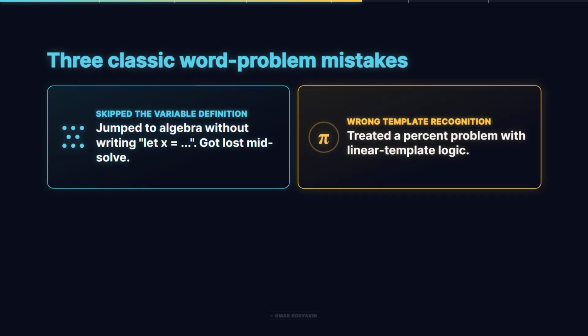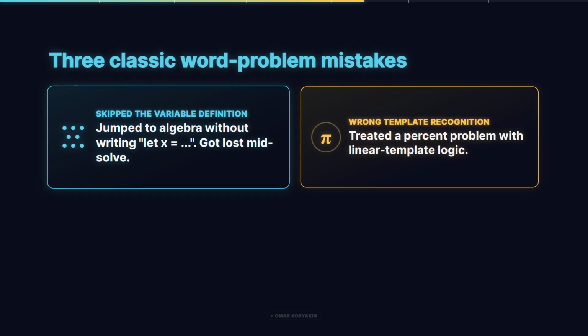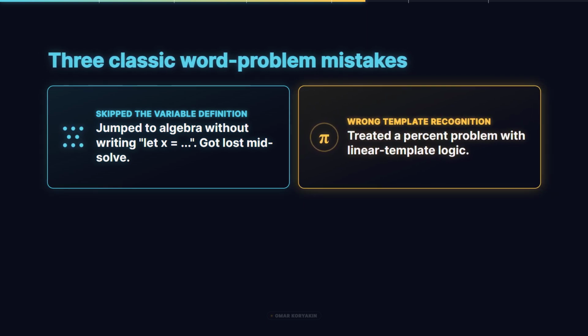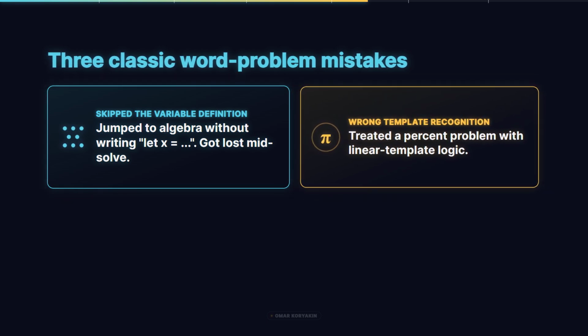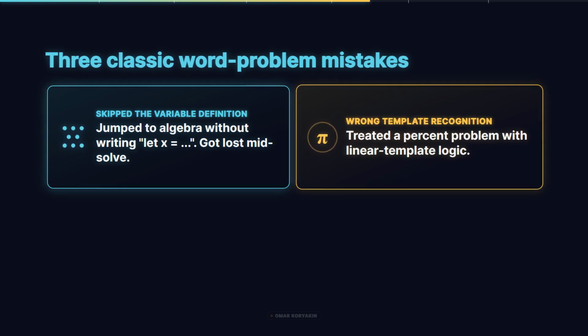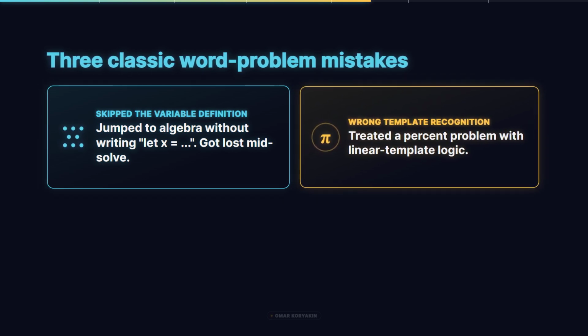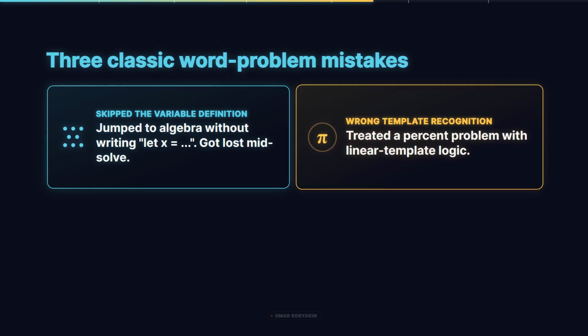Second mistake, recognizing the wrong template for the problem and applying inappropriate algebra. A student sees a percent problem like "a salary increased by 10% now equals 55,000" and tries to set up a linear template equation like 55,000 equals salary plus 10,000, which uses the wrong template entirely.